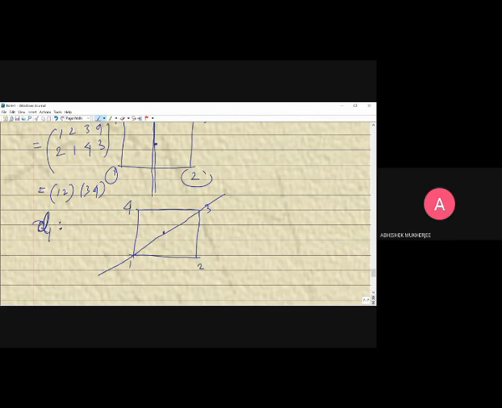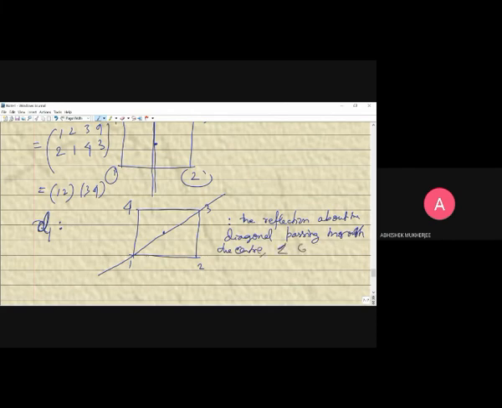So D1 is the reflection about the diagonal passing through 1 and 3, passing through the center.